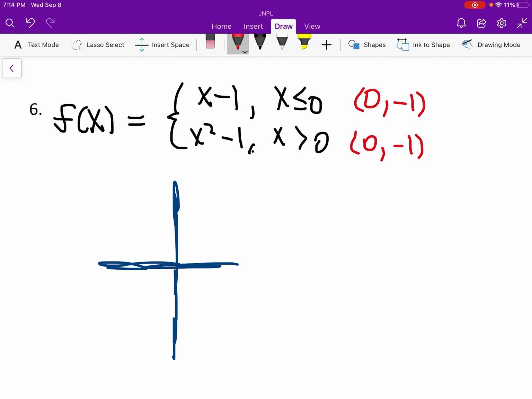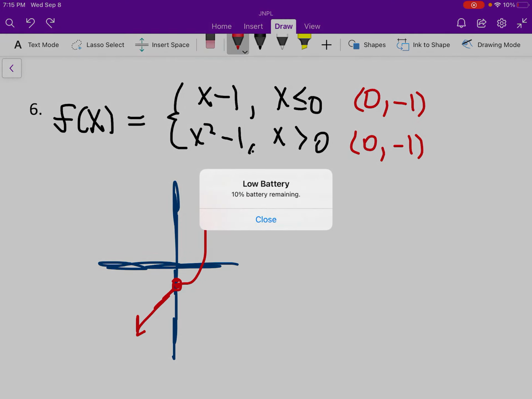One is open and one is closed. It's kind of hard to draw that. This one's going to be in this direction, which is the same as in the last one. And this one is also a quadratic that's the same as the last one, except it got moved down 1 because of this minus 1, if you remember how to graph quadratics.